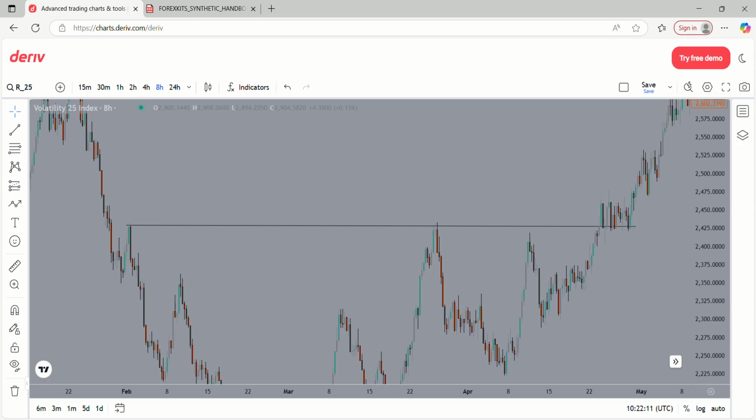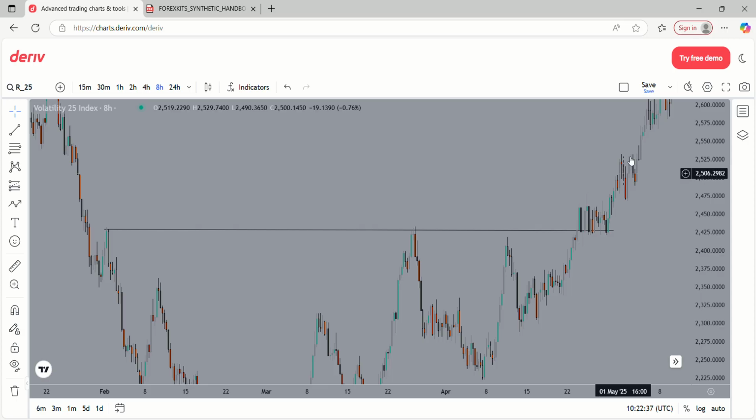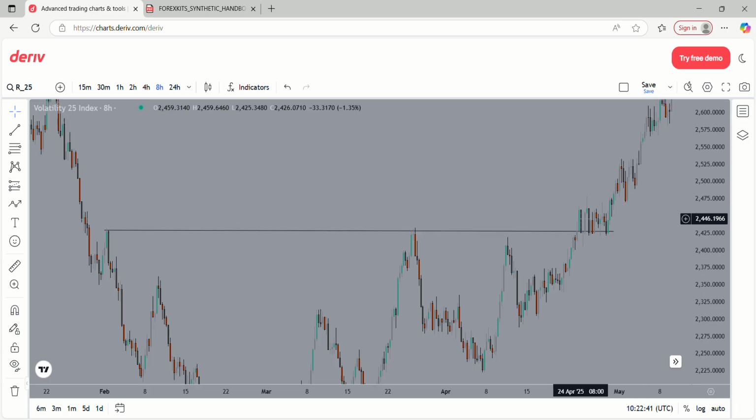The third touch, it didn't really get to the line. So you can see market sold off from here. It sold off, came back to this point, sold off again. The third touch, it didn't really touch the trend line anyways. It still sold and then broke out of this resistance, and just kept going. So that is it about support and resistance.